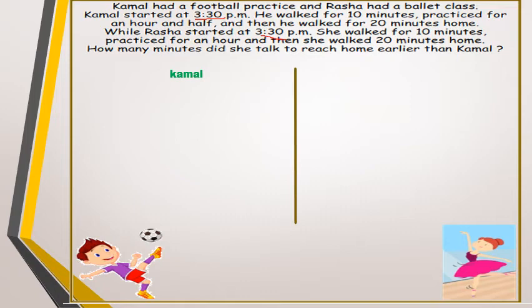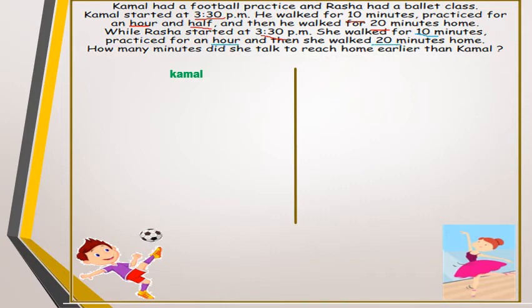Kamal walked for 10 minutes and practiced for an hour and a half, and then he walked for 20 minutes. While Rasha started at 3:30, she walked for 10 minutes and practiced for only an hour, and then she walked home for 20 minutes.